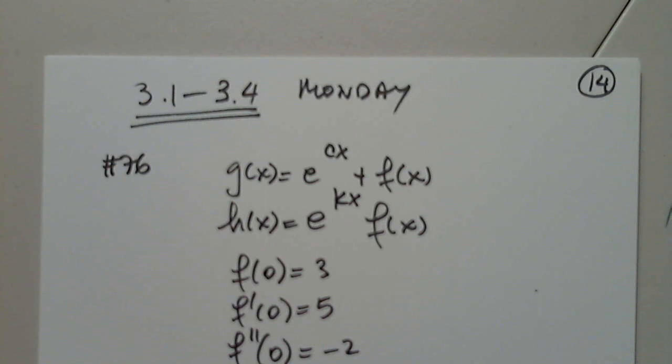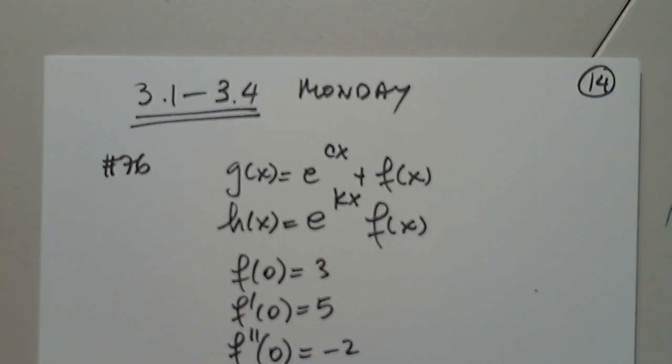Okay, so let's do part A. We may be able to get to part B, in terms of k, find an equation of the tangent line to the graph. So we'll see. So find g prime of 0 and g double prime at 0 in terms of c.